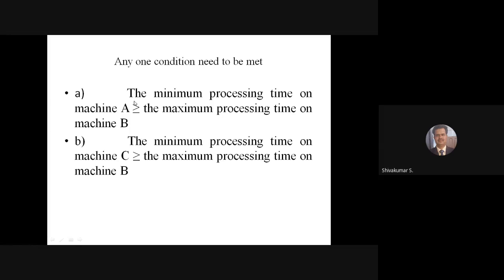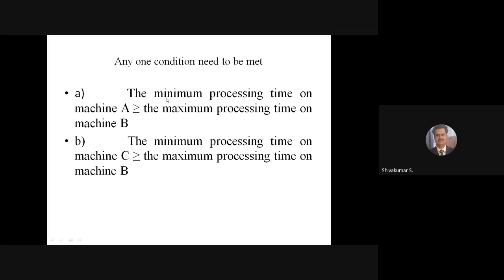Now you have three machines A, B, and C. So you have to convert this into a two machines n jobs problem. To convert these three machines into two machines, any one condition should be met.